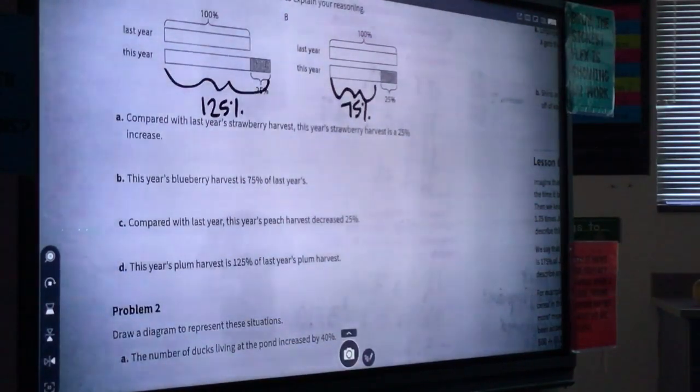All right, we're gonna do stand up, sit down. So have a seat. So stand up if you picked diagram A for A.